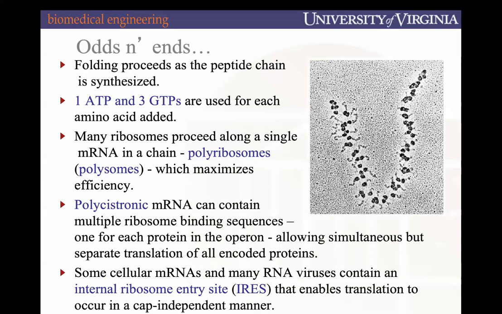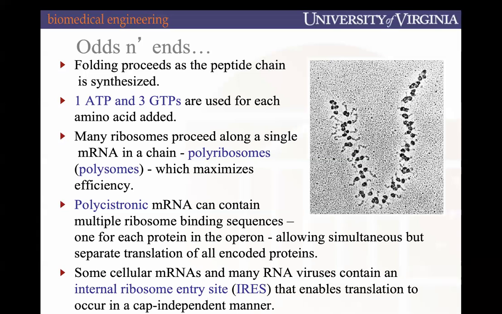And we talked about how the 5' UTR is where typically these ribosomes will bind and then participate in a forward search to find the start codon. There are sometimes within cellular mRNAs, and very true with viral RNAs, sites that enable binding of ribosomes away from the cap.